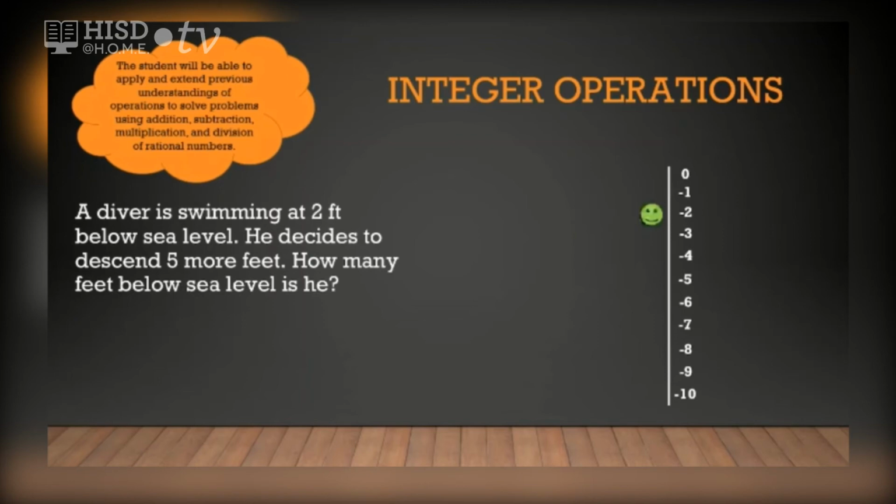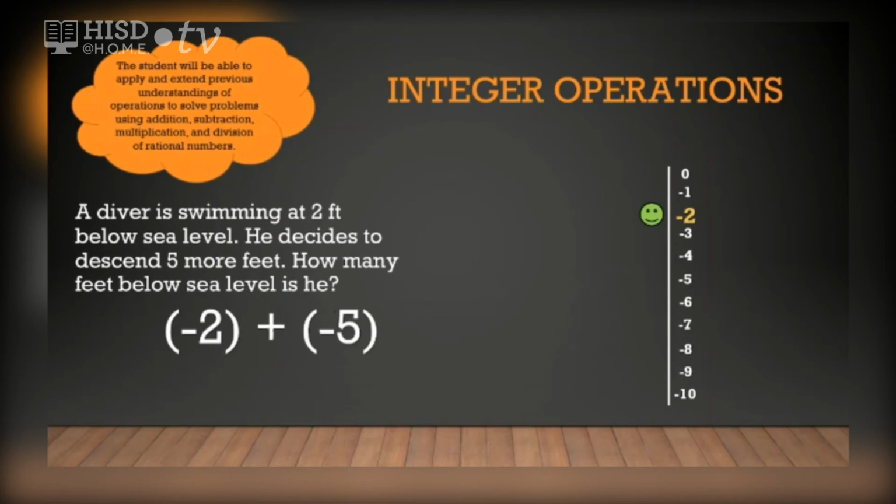So we have a diver that is at 2 feet below sea level. That means that on our number line, below sea level means that it's negative. If we want to see it algebraically, we can say that we have a diver initially at -2, and then he wants to descend, or subtract, 5 more feet. But we said that every time that we have the sign of minus, we can just change it for a plus, and then we just have to change the 5 to its opposite.